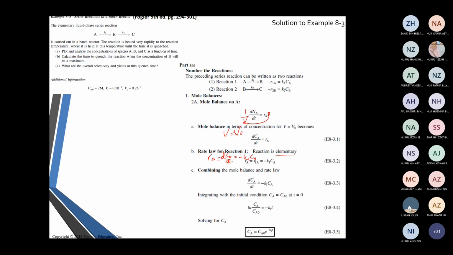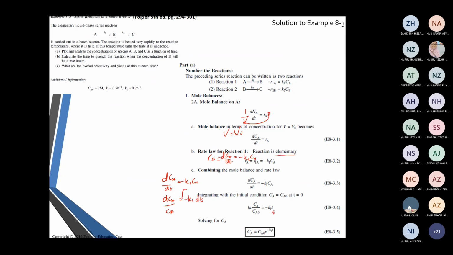Just combine it. From here you need to get it in terms of t. So how do you get it? Of course, from this differential equation, which is dCa over dt is equal to negative k1 Ca. Bring it down here, which is dCa over Ca is equal to negative k1 dt.